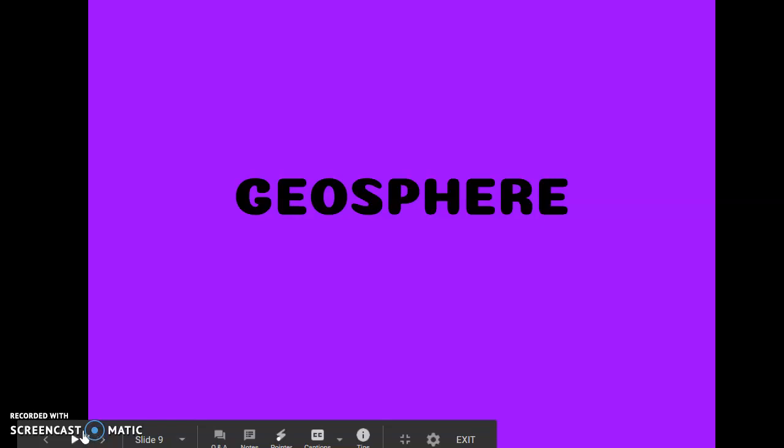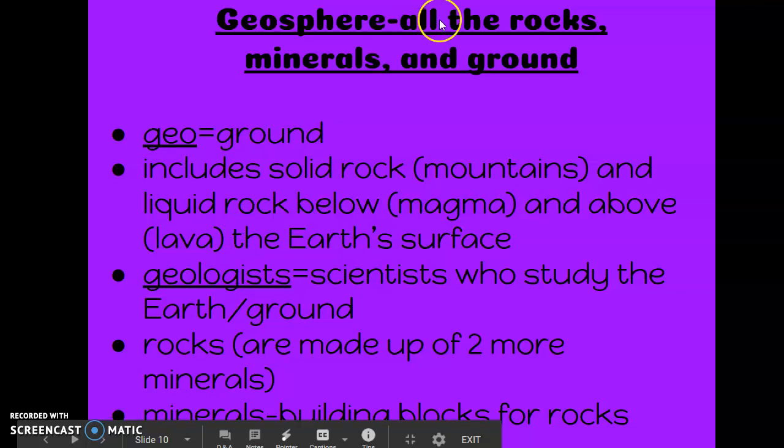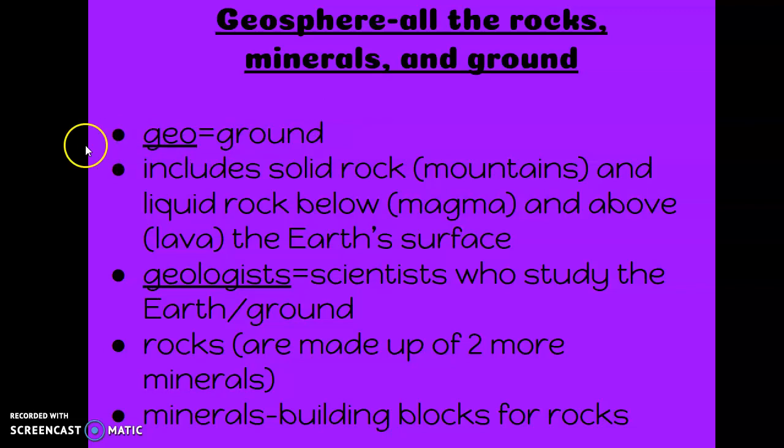We are going to move on to the geosphere. So notice that my color changed to purple, but you can use a different color if you want to use gray or brown or another color that we haven't used. I'm fine with that. Doesn't really matter. So our geosphere is all the rocks and minerals in ground. So thinking about that word part again, we see geo means ground, and this includes rock, like mountains.